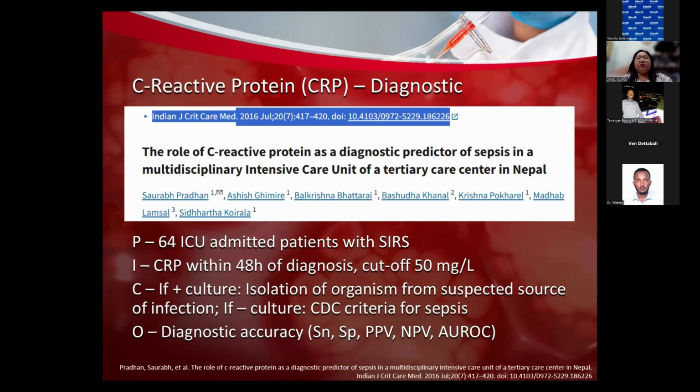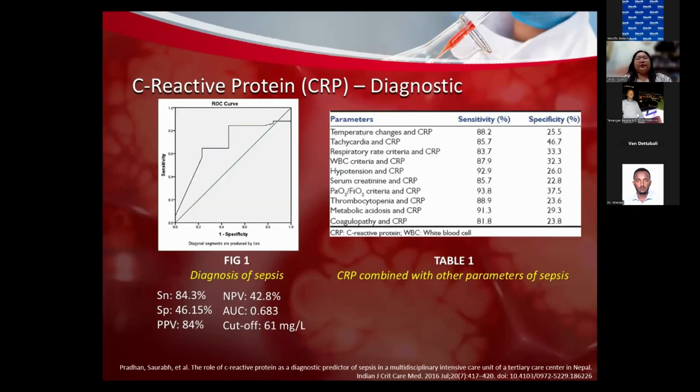Nevertheless, their findings are still worthy to see as they provide an insight on the usefulness of CRP in identifying patients with sepsis. So the authors noted that CRP had a sensitivity of 84.3%, specificity of 46.15%, positive predictive value of 84%, and negative predictive value of 42.8%.